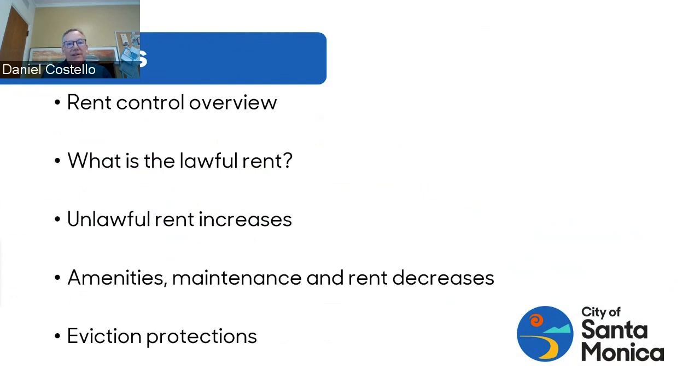So we have a process, and we can help you with any kind of a situation like that. We'll also talk about some of the other remedies we have, including construction-related decreases and excess rent complaints. Finally, we'll go into the eviction protections that are under the law, and they're an important part of what rent control is all about.